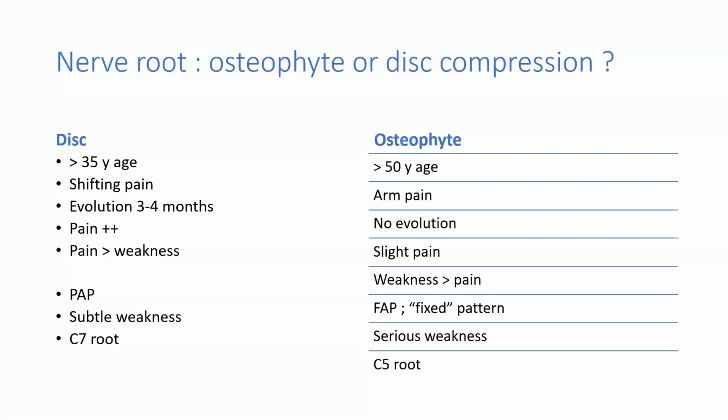More weakness than pain. Disc, you find a partial articular pattern. Osteophyte, you find a fixed pattern, as I just explained. With disc, perhaps some weakness. With osteophyte, serious weakness. Disc, mostly C7 root. Osteophyte, mostly C5 root. So if you keep that in mind, that's going to be diagnostically pretty helpful.